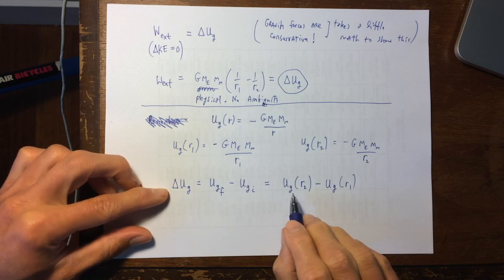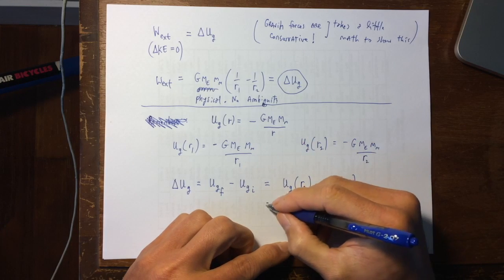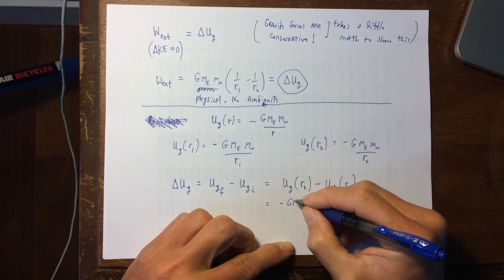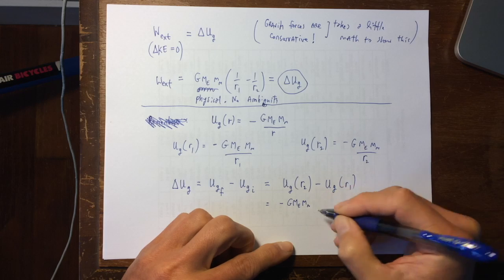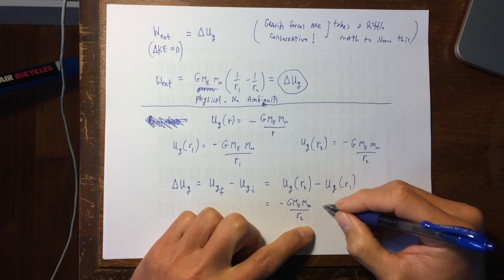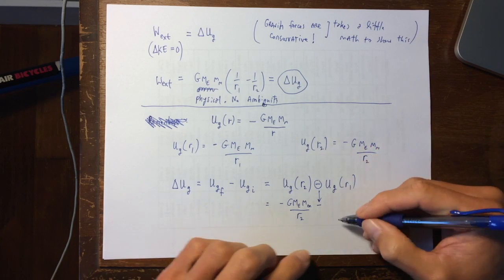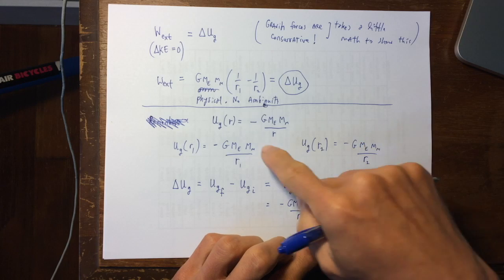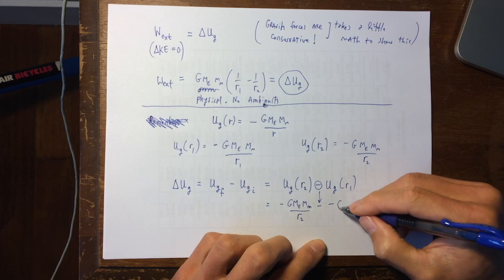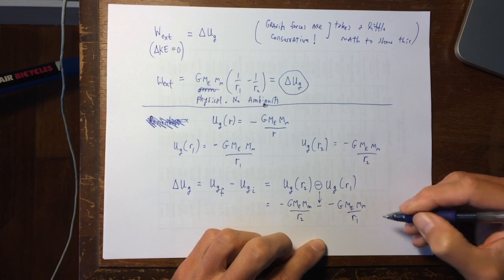If I go in and calculate this difference now, I've got it here and here, this is equal to minus G M Earth M Moon divided by R2 minus, right? So there is this minus sign, and then the other minus sign is in the definition. So minus minus G mass Earth mass Moon divided by R1.